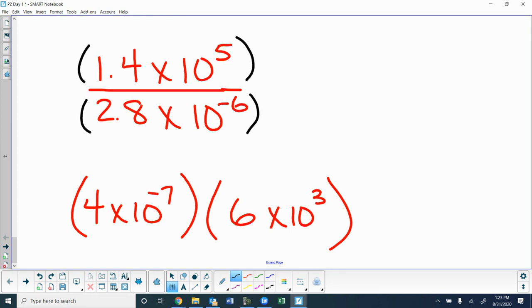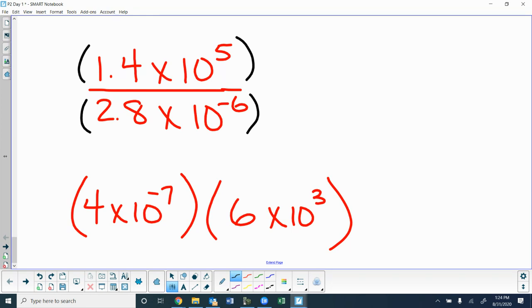So parenthesis 1.4 times 10 to the 5th, close the parenthesis, divided by, and then 2 more parentheses. And it'll do it for you. But it'll give you whatever the number is, E, and then the exponent. It won't be times 10, it'll be using E. That's okay.